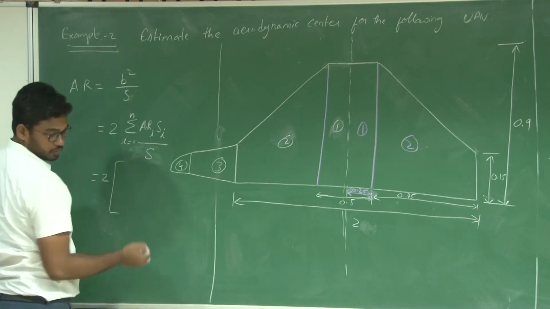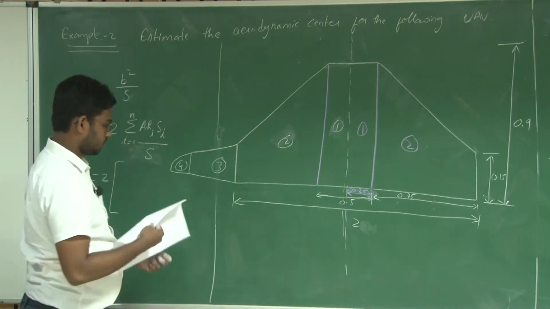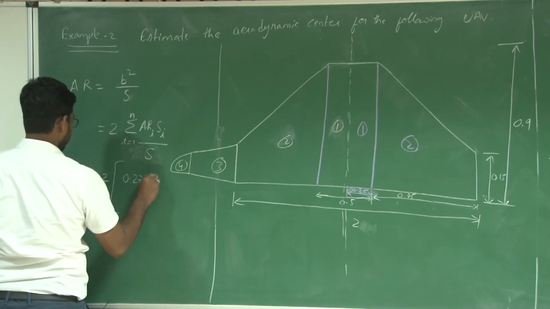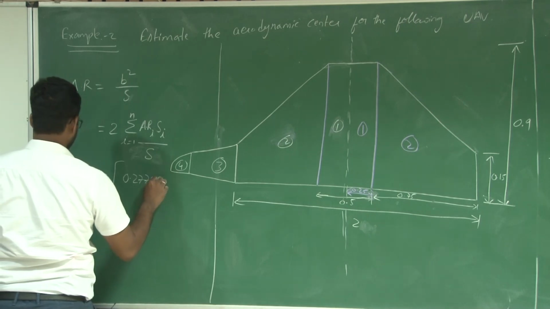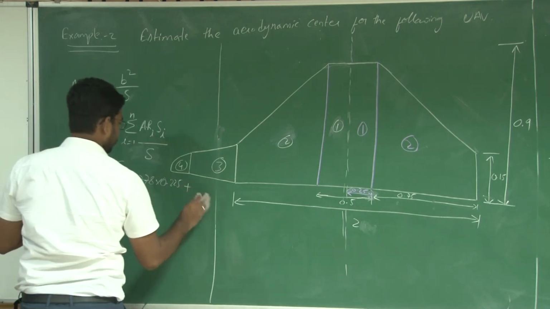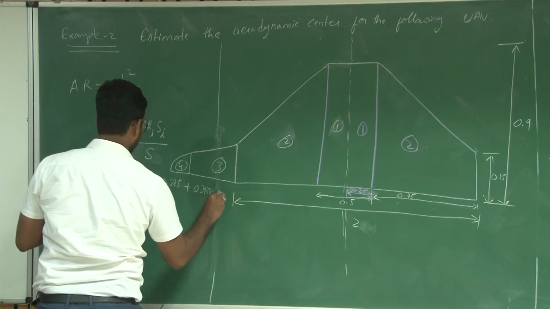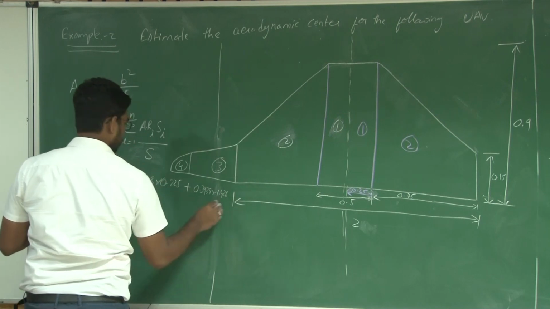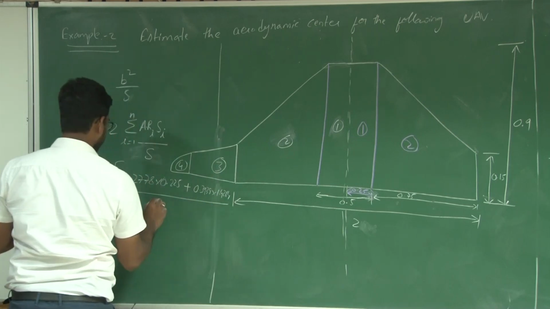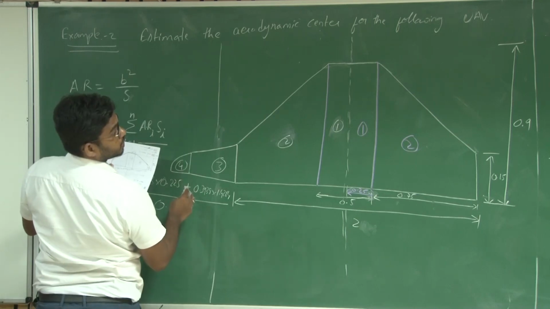the aspect ratio of the first portion, which is around 0.2778, into 0.225, plus 0.3938 into 1.4284, divided by S1 plus S2, which is 0.6188.